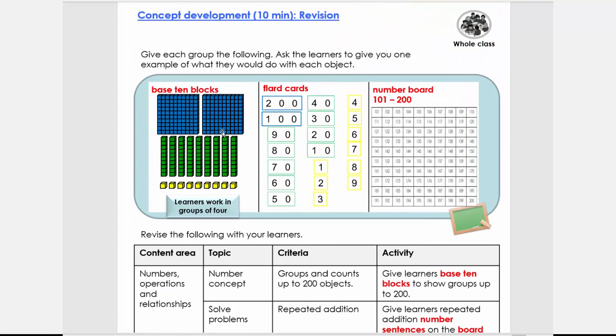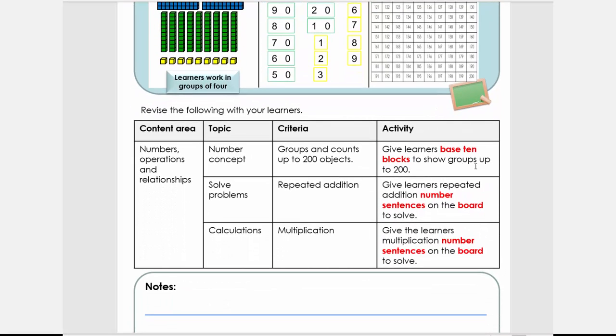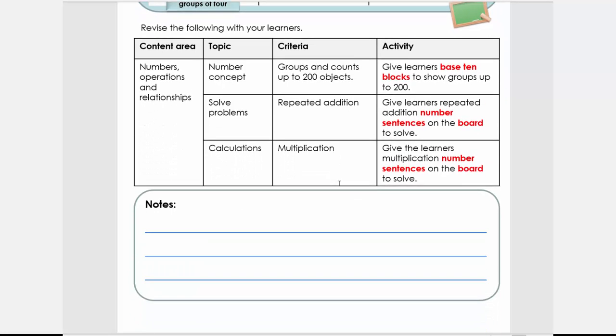So let's then look at today. Again, the focus will be around the base 10 blocks, the flard cards, the place value cards, and your number board. I'm just going to go over this. So the base 10 blocks, as we mentioned, the number board here, we're going to look at number sentences, and we're going to use the place value cards.